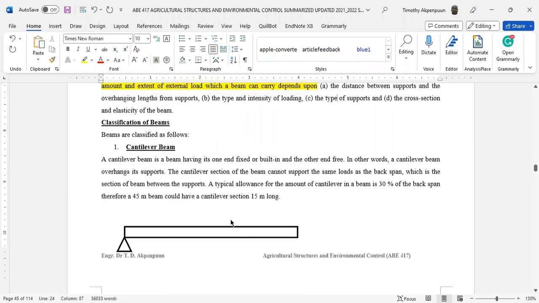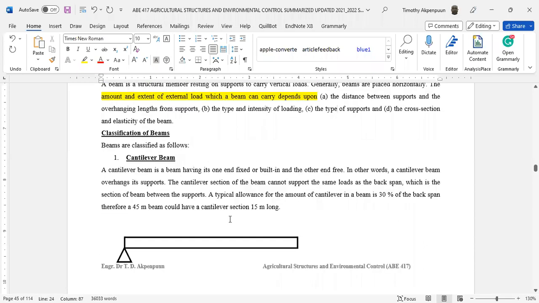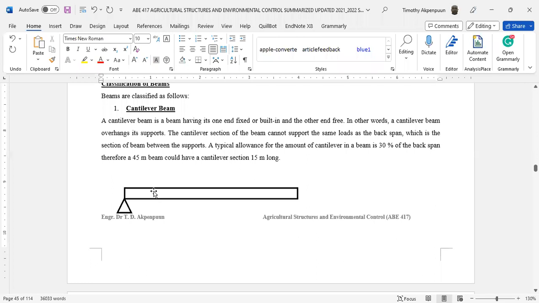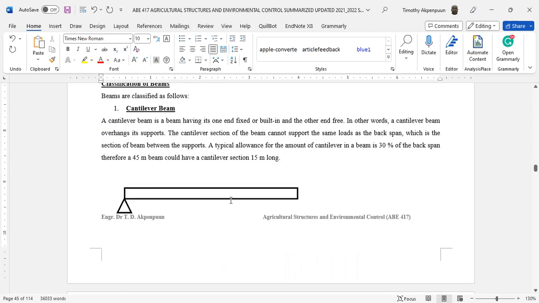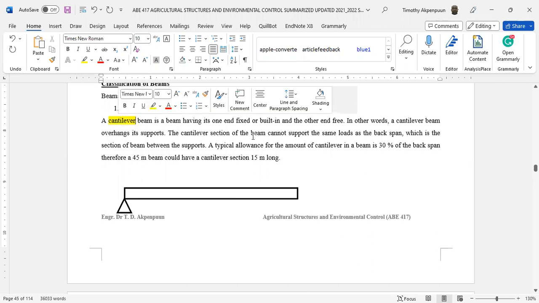So let's look at this. This will now lead us to various classifications of beams. Here you have a cantilever. A cantilever beam is a beam having its end fixed or built in.